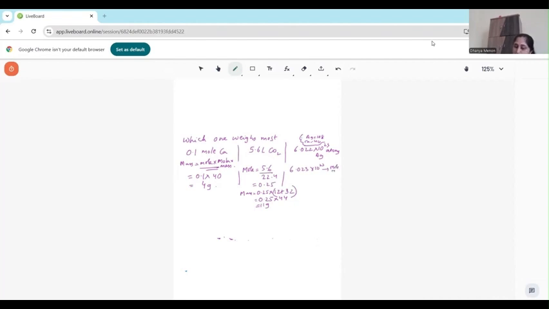So 6.023 times 10 raised to 23 weighs how much? 108 grams. As I told you, in some books they give 6.022 or 6.023. So this number of particles is equivalent to the molar mass or the atomic mass of silver, which is 108. So this is one way of doing it directly.